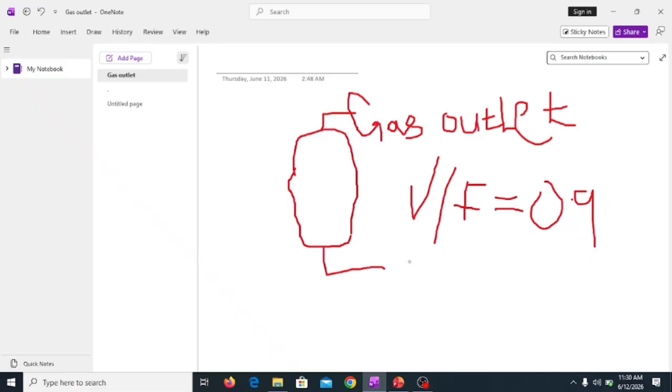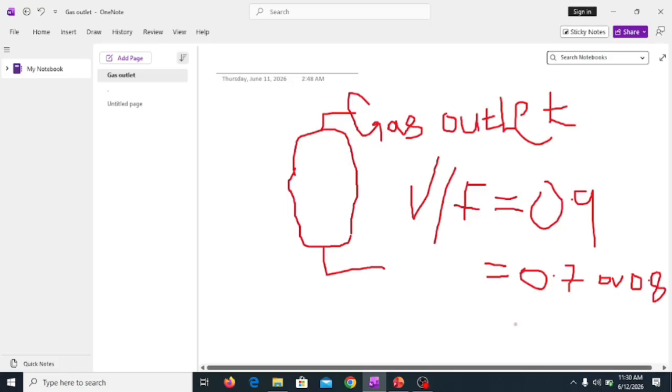But if it's about 0.7 or 0.8, we use a horizontal separator.